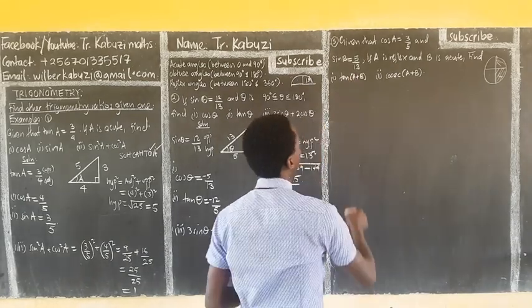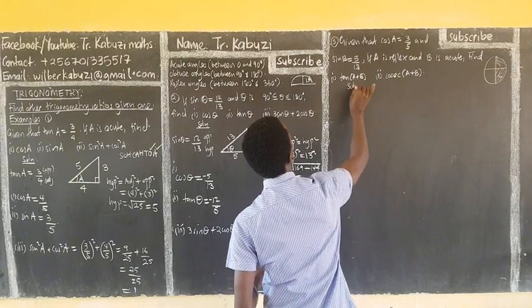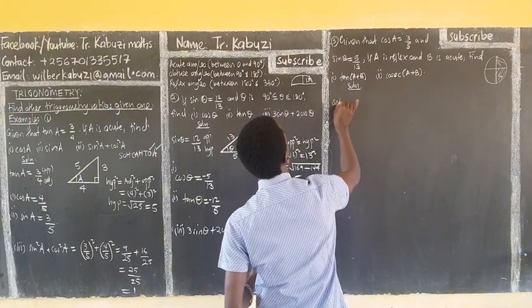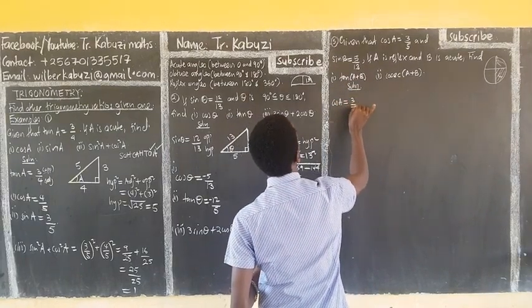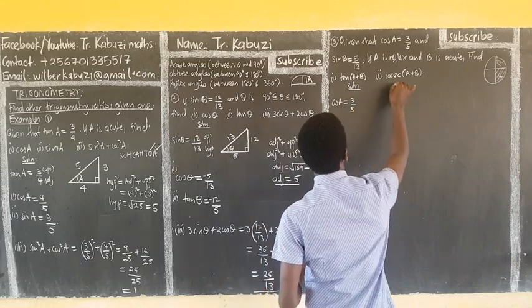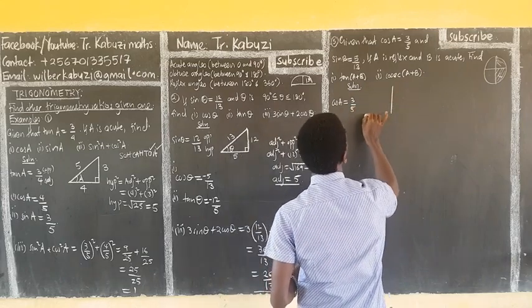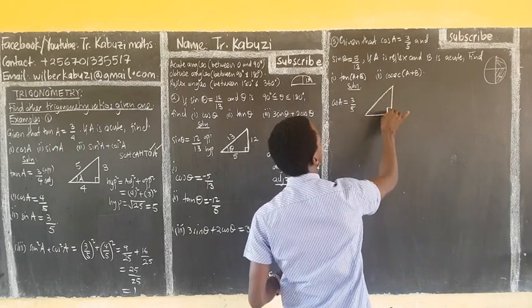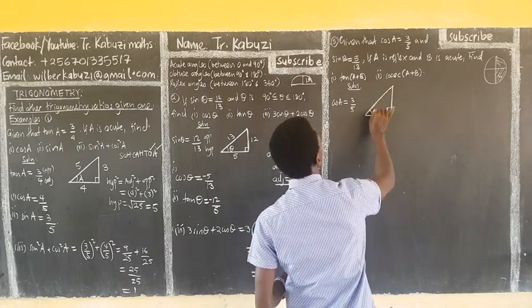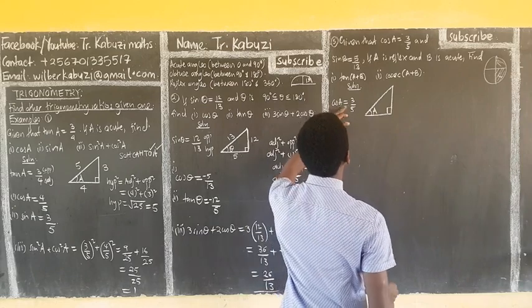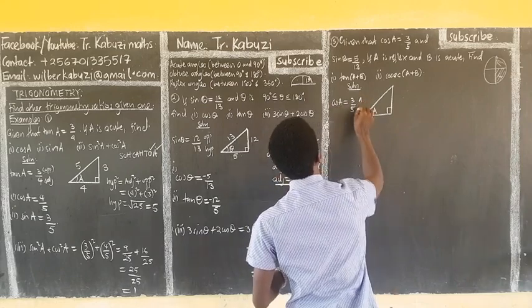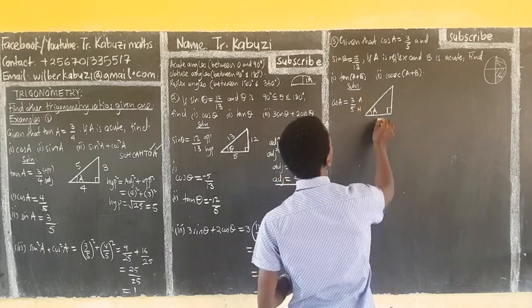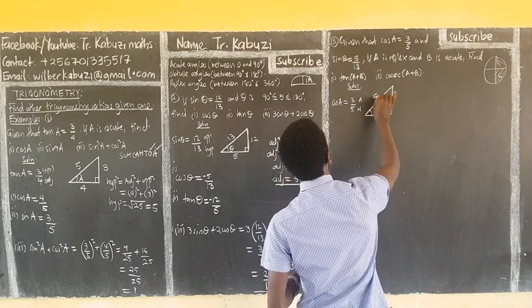So I come first of all for the A. My cos A is 3 over 5. So I draw this triangle here first of all, which enables me to get the other side. If this is A, cos is given by adjacent over hypotenuse. So my adjacent is 3, hypotenuse is 5.